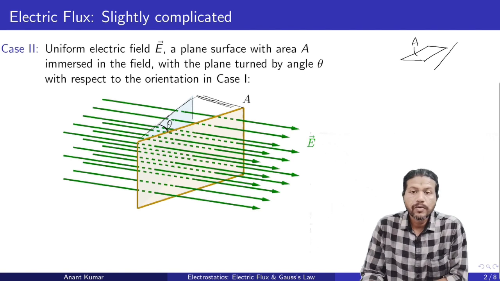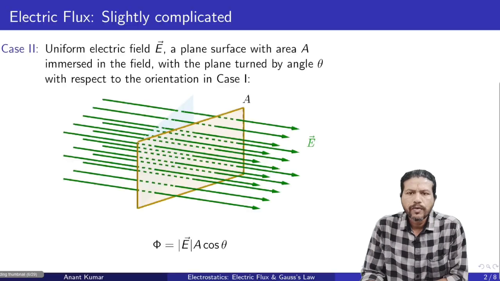So in this case what I could do is project the area back on the original orientation, or there's a different way that we could do this. First of all, in this case we can simply multiply the electric field and the projection of the area back onto the original orientation that we had in the first case, which is therefore A cos theta, because the areas project as vectors.